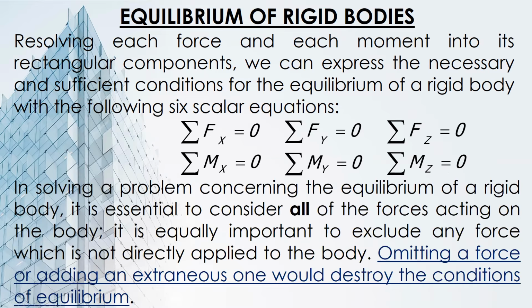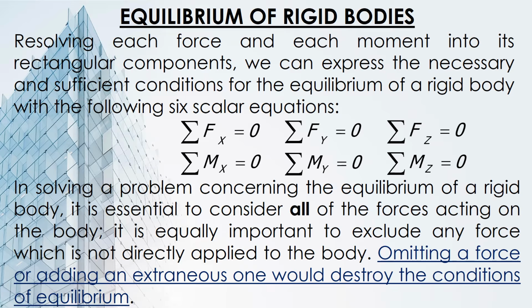In solving a problem concerning the equilibrium of a rigid body, it is essential to consider all of the forces acting on the body. All forces. It is equally important to exclude any force which is not directly applied to the body. Be careful of that now.